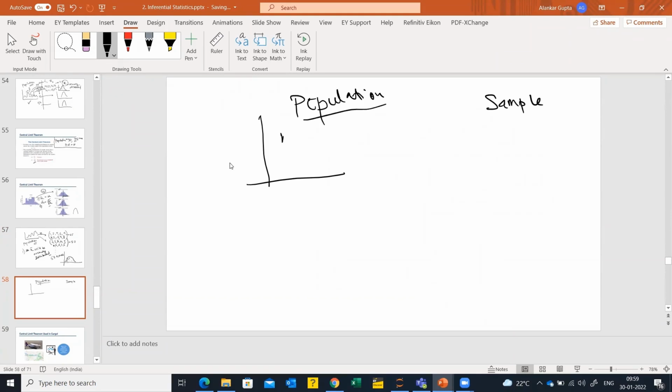For the population, we say the mean is mu and the standard deviation is sigma. For the sample, the mean is x bar and the standard deviation is, say, sigma x bar or s, whatever it is.